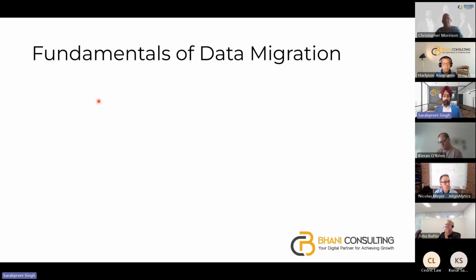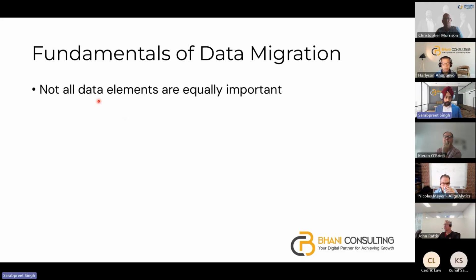Now, what we're going to cover is the fundamentals of data migration. I'll cover each point one by one, slowly. And on this foundation, we will set a few pillars going forward. The first one is: not all data elements are equally important.